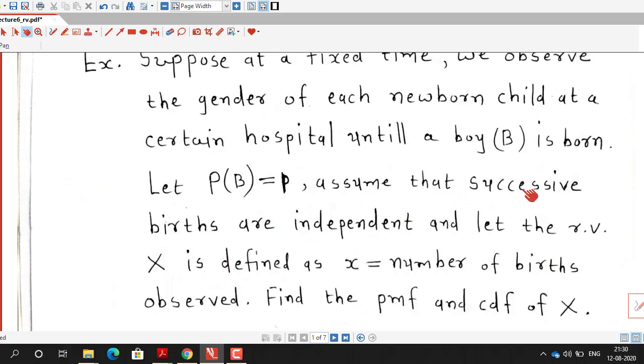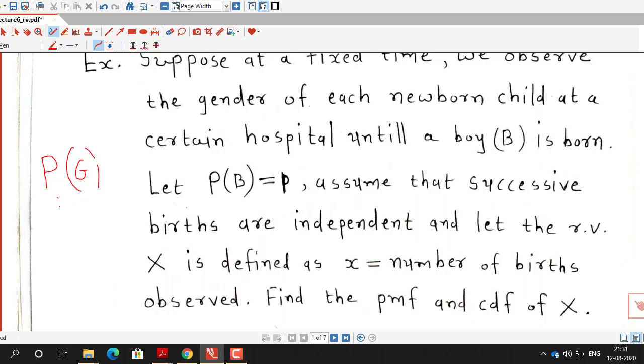That is, the gender of the second born child does not depend on the first born child. That means if the first born child is a boy and the second born child is a girl, then they are independent events. So successive births are independent, that is the assumption, and the probability of a newborn child being a boy is p. From this we can decide the probability that a newborn child is a girl.